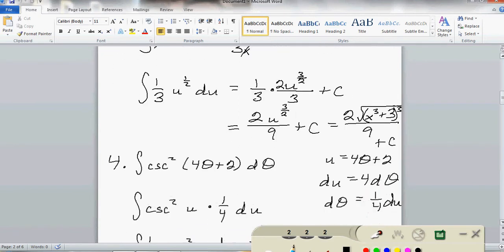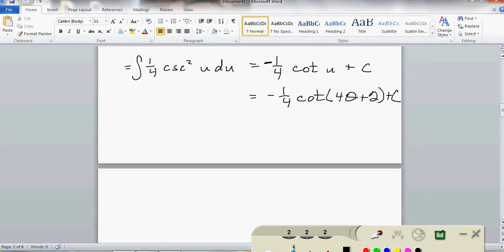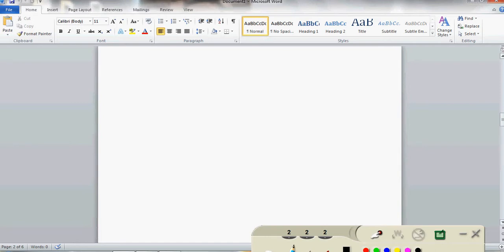Numbers 5 and 6 say multiple substitutions, which means we start out with u, then we have to go to a v because we still need to do something else, and then we just need to put back what we began with.